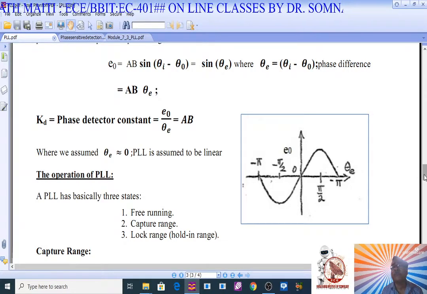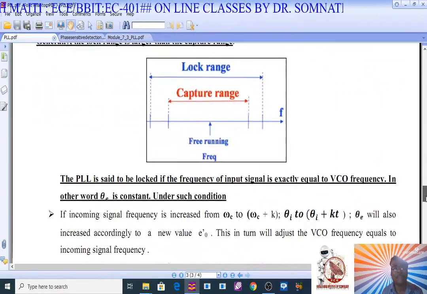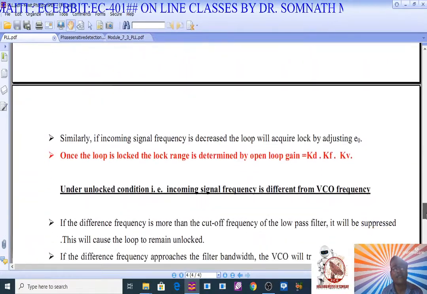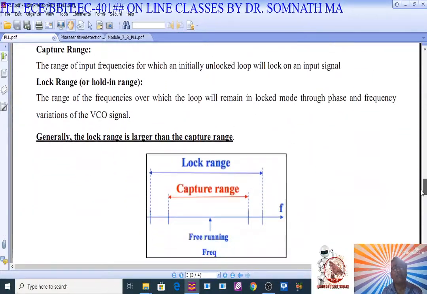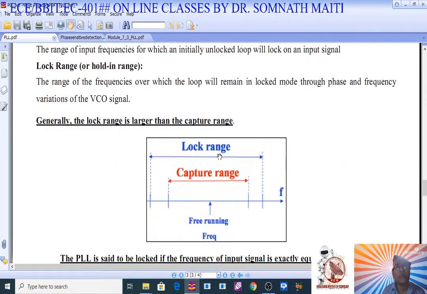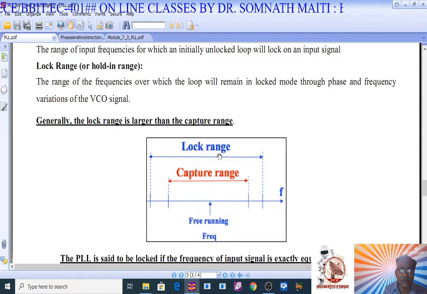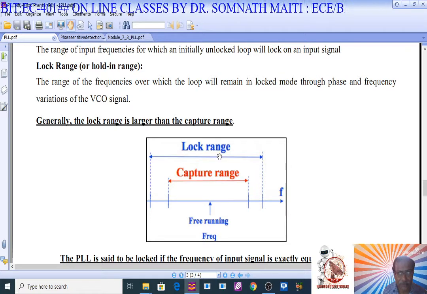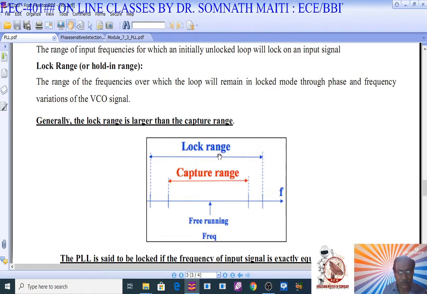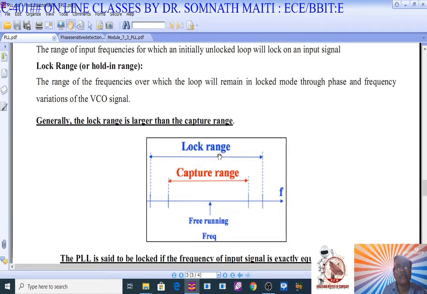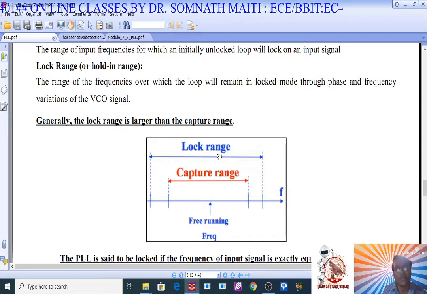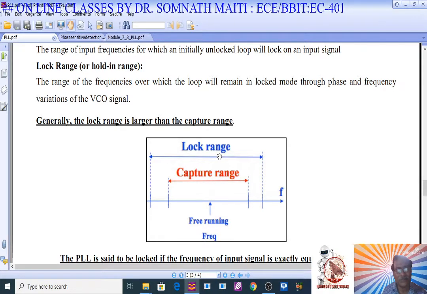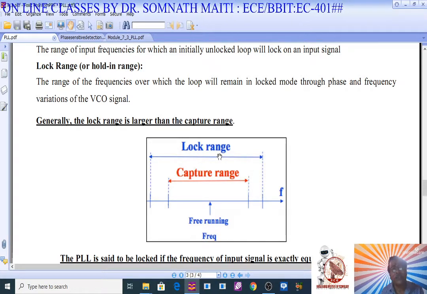So in a nutshell, the lock range depends upon the gain factors of the phase detector, the low pass filter, and the VCO, whereas the capture range depends upon the bandwidth of the low pass filter.